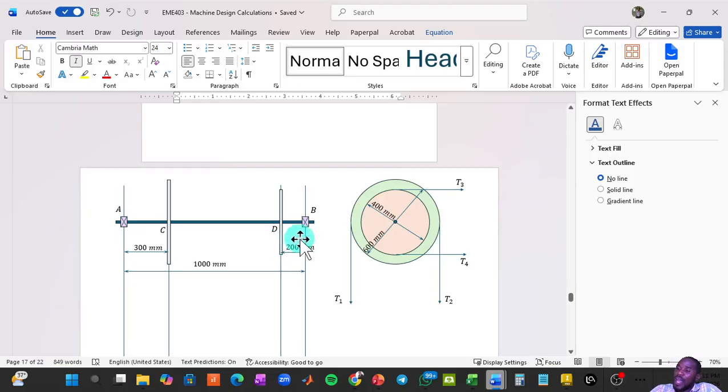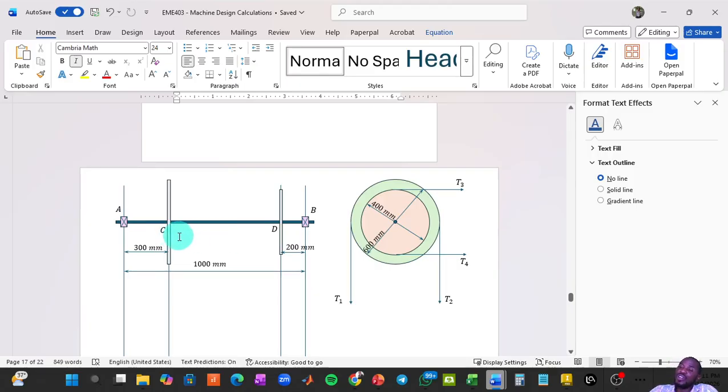Now, the reactions or the bearings at point A and B will provide a reaction to that force. So there's going to be a vertical opposing force at point A and a vertical opposing force at point B. If the point of action of point C, or if the pulley were bang on in the middle, at the midpoint of this shaft between these two bearings, then the values of A and B would have simply been to divide that, since it's a single force, into two equal parts.